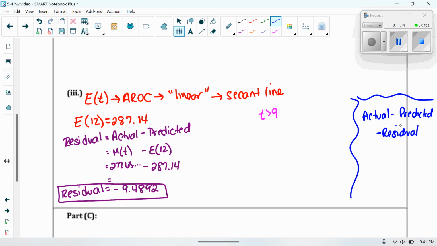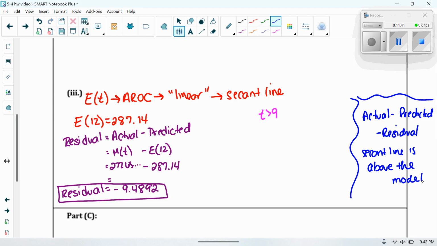And go back to here. My predicted was larger than my actual, which means that my secant line is above the model in this case. So I want to talk about that concavity and that behavior of the graph.